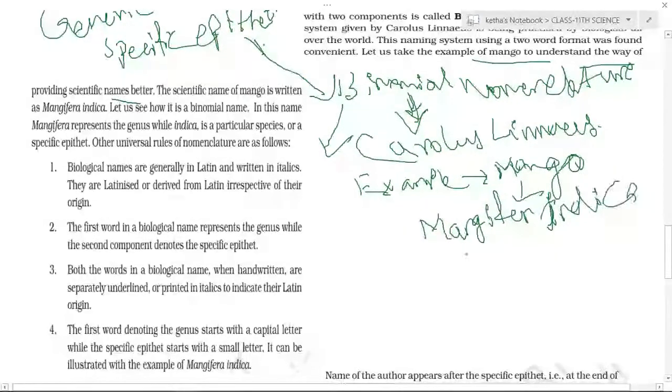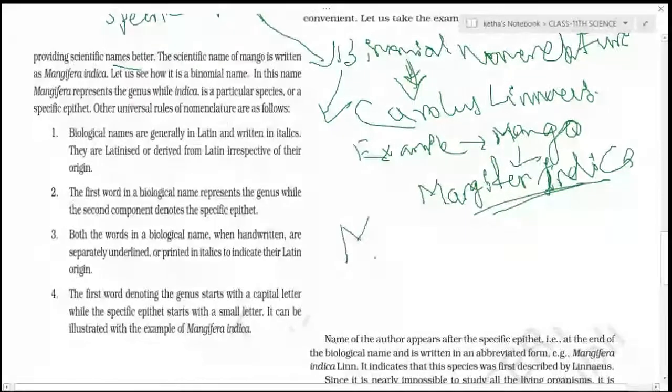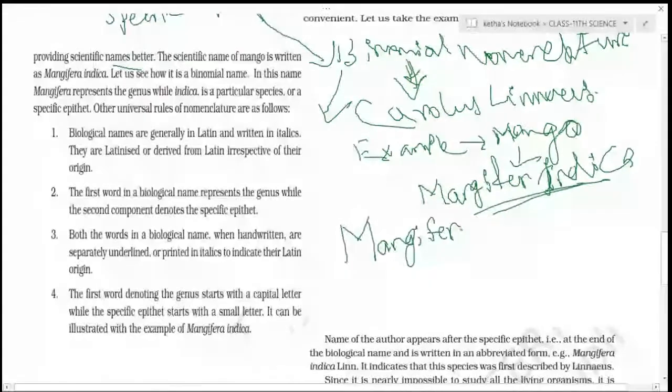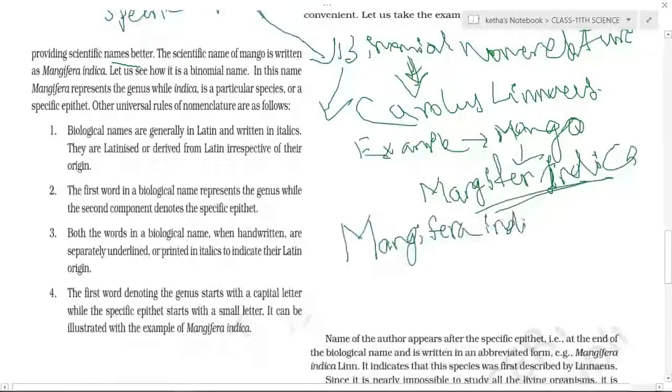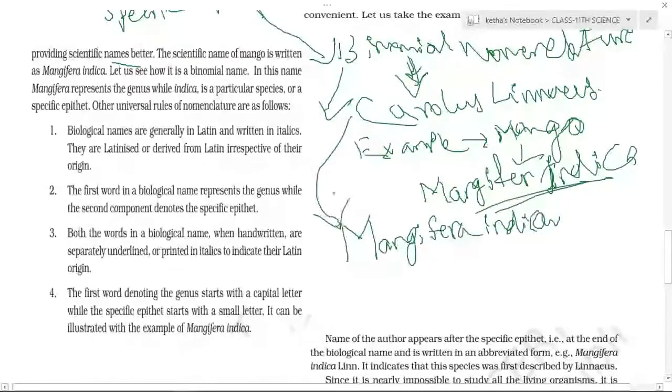We have to write this in italic format. We write a capital M, the rest all small letters, Mangifera, and indica must be in small letters. This is the name given by the scientist Carolus Linnaeus.